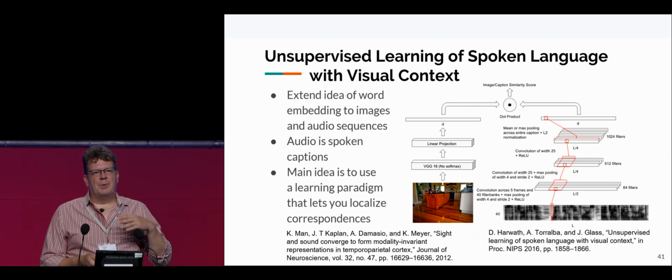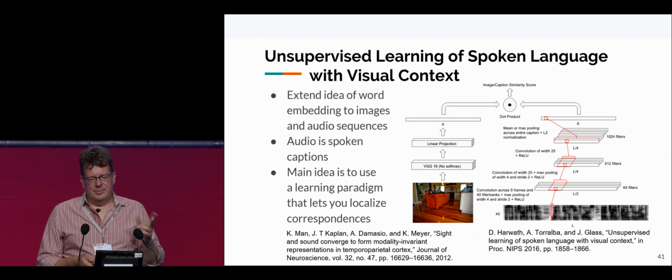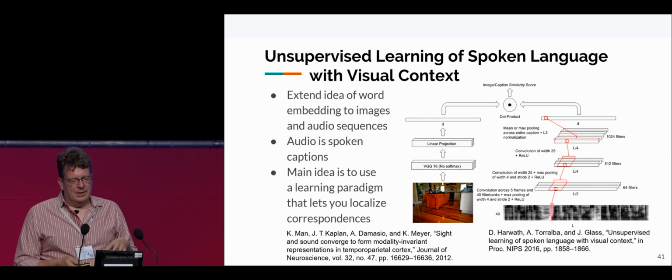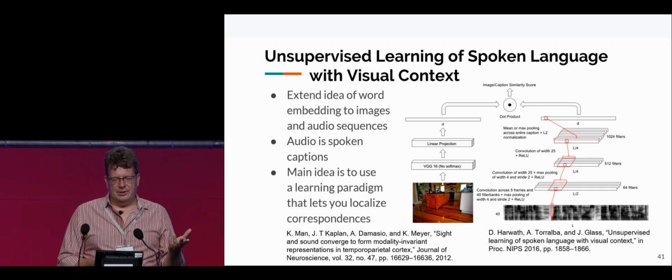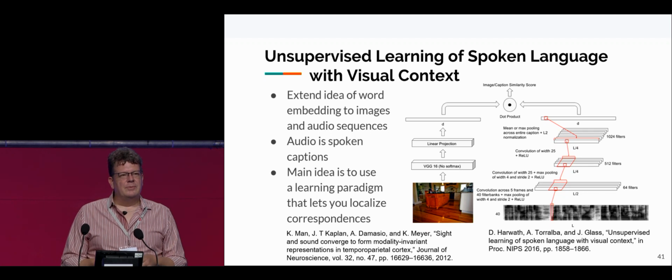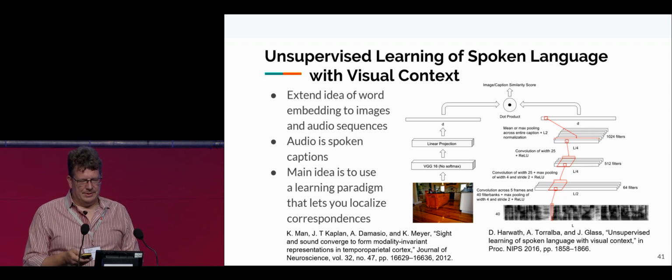People spoke a sentence that describes this image, and we're using an image-caption similarity score to train a system where we're trying to make the audio network learn a representation that resembles the image representation. But we're learning this not from text, but from audio that's associated with this image.